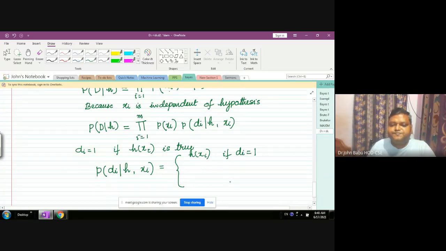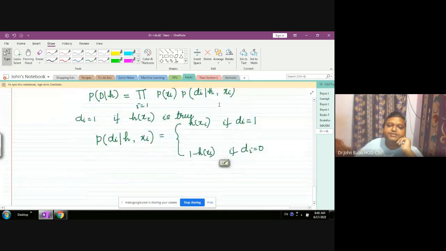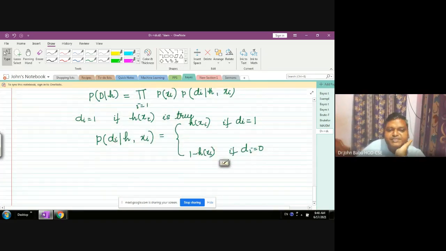Otherwise, if di is equal to 0, the probability is 1 minus h of xi. Because when it is 92%, the other is 8%. So when di is equal to 1 it is h of xi, and when di is equal to 0 it is 1 minus h of xi.